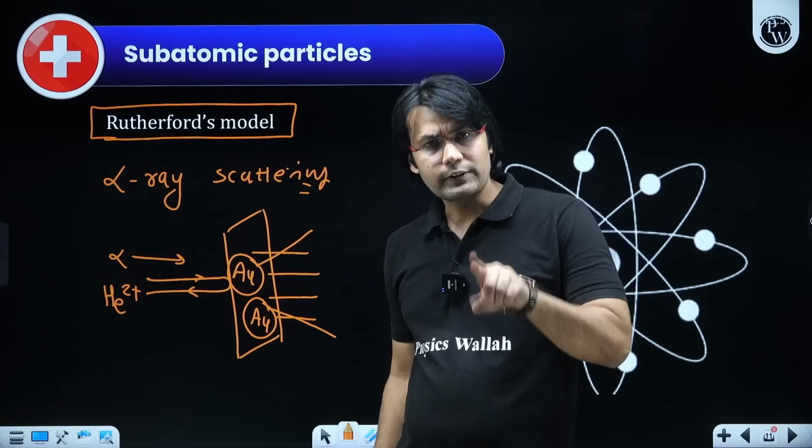Radial node is n minus L minus 1, principal quantum number minus azimuthal quantum number minus 1. Angular node is simply L, directly equal to the azimuthal quantum number. The total number of nodes is angular plus radial, so n minus L minus 1 plus L becomes n minus 1.